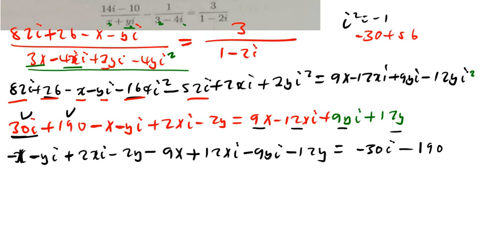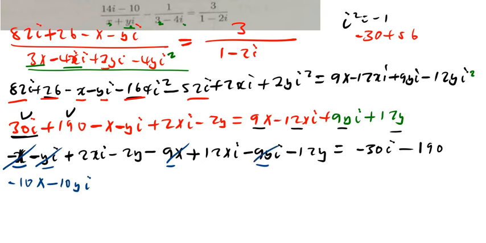Now we can clearly say that we can add up some things. This guy can add up with that guy. So I'll end up having negative 10x, done with that. This guy can add up with this one, and I'll end up having negative 10yi. So this has gone.